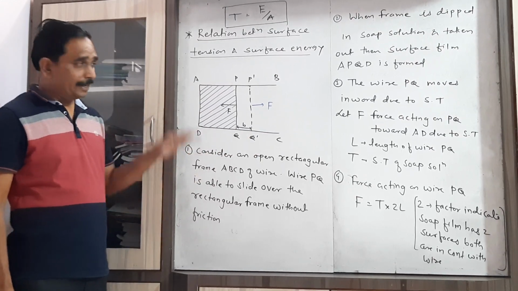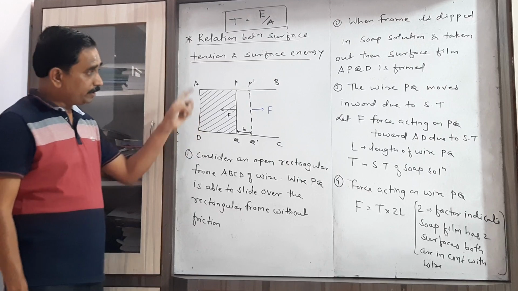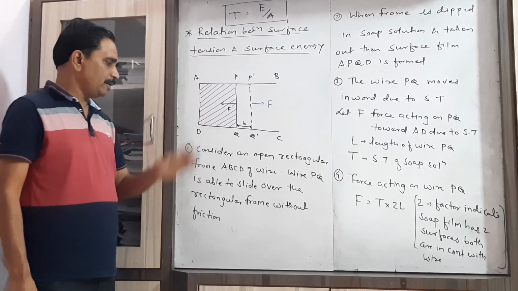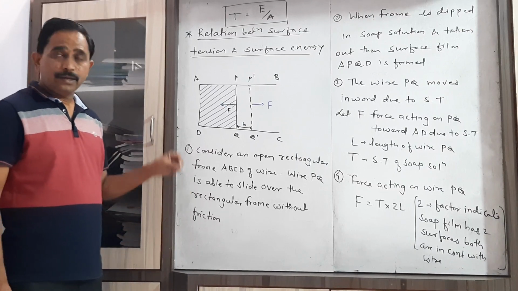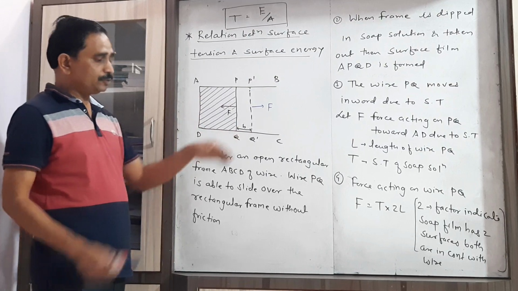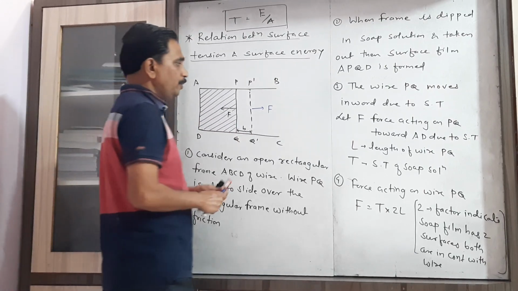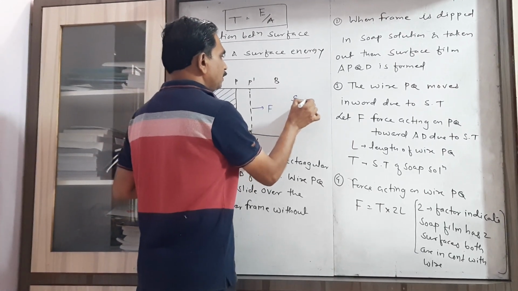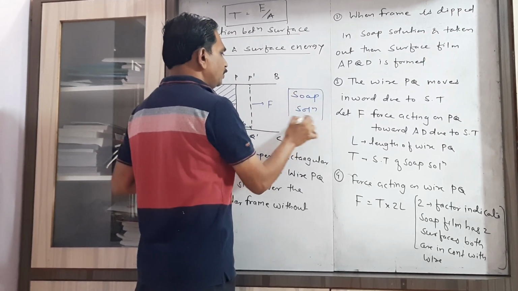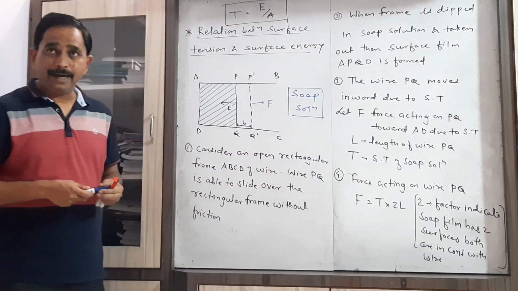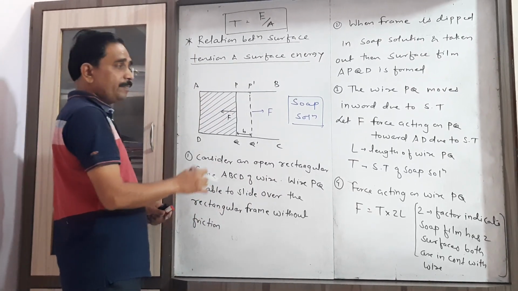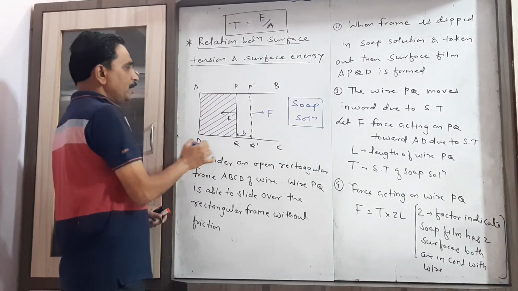Only one side of that frame is movable, because of this wire PQ. Then you have to dip this rectangular frame into the soap solution and remove it gently, so that the thin soap film will be formed over the area APQD.